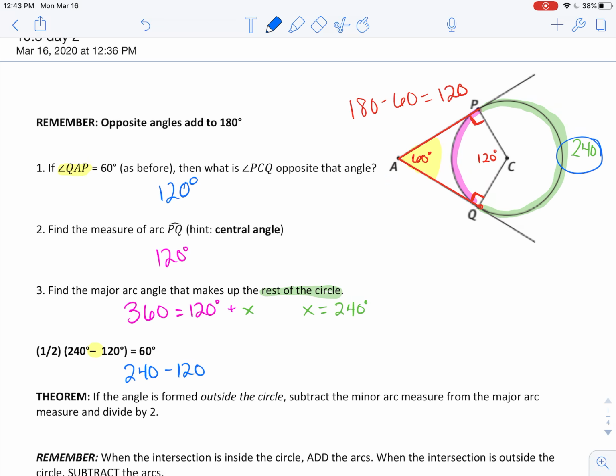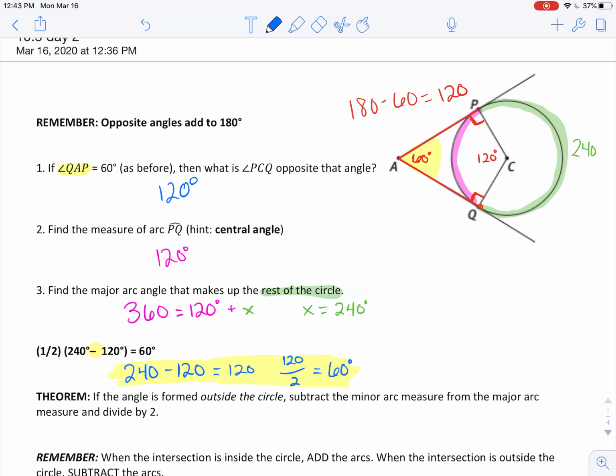I'll take the one farthest away, subtract the one closer to it, 240 minus 120. And we're going to take half of that. So we're going to take half of 120, or 120 divided by 2 is going to get me 60 degrees. So this right here was just to check, just to make sure that things were going well, that I got the right answer.